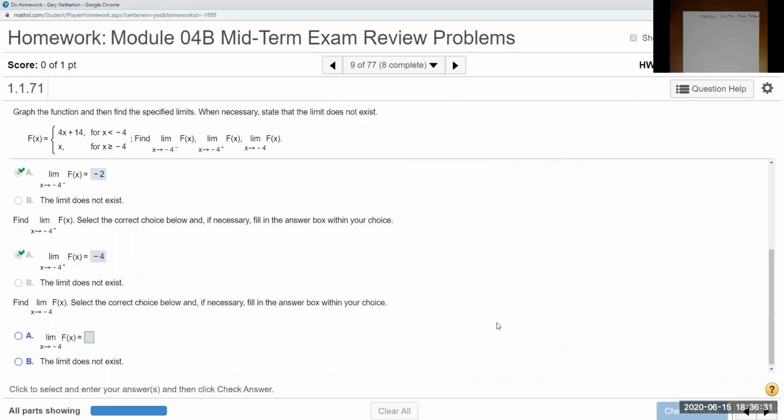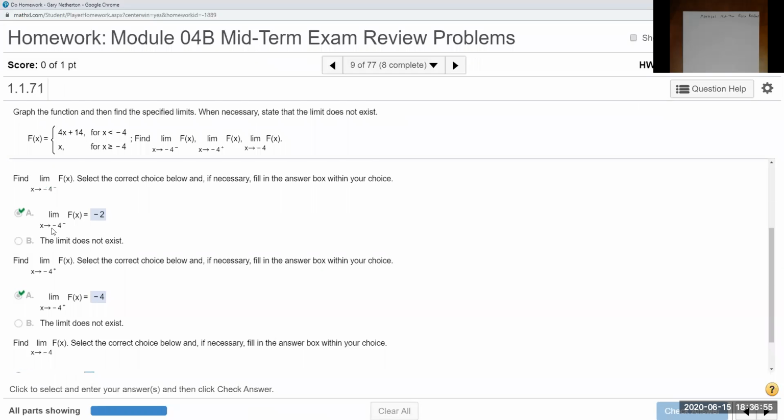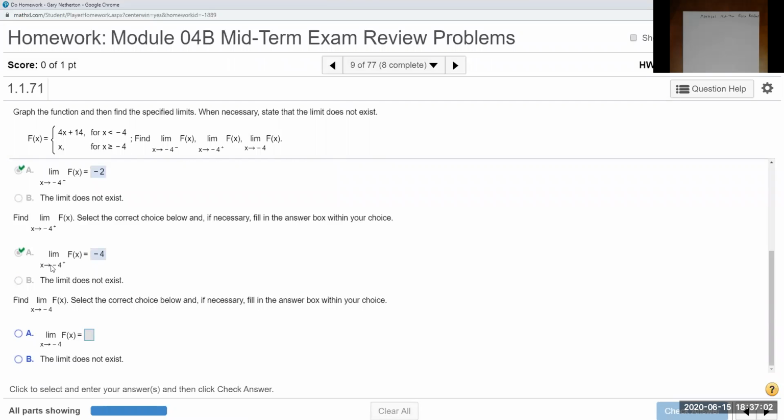Now here's what's interesting. This next question is saying, find the limit of f of x as x approaches -4. Now whenever we look for a limit, when x approaches a number, we have to look from the left and from the right. We've already done that. Up here, x is approaching -4 from the left, and the function was -2. As x approaches -4 from the right, the function is -4.